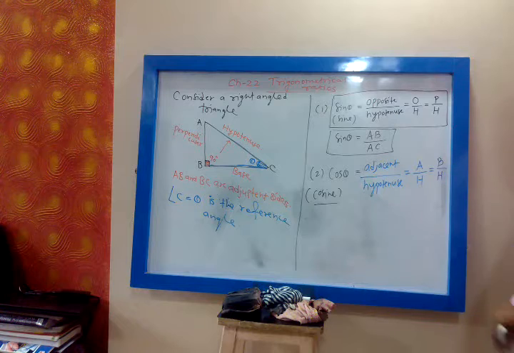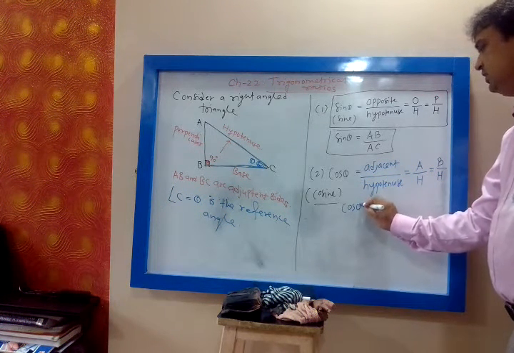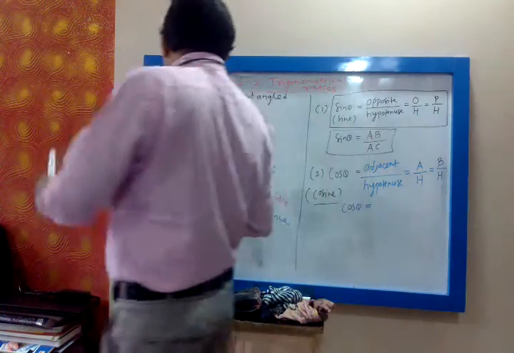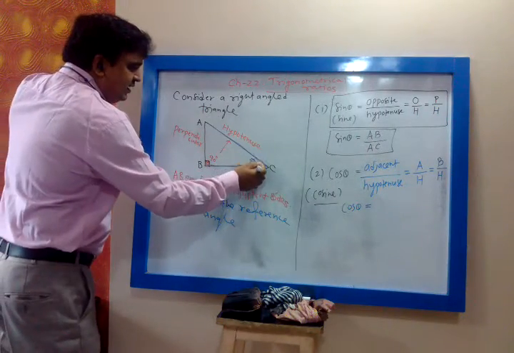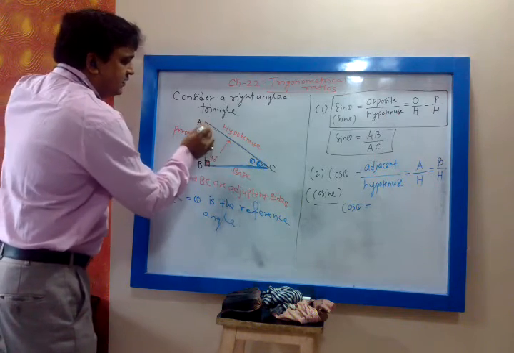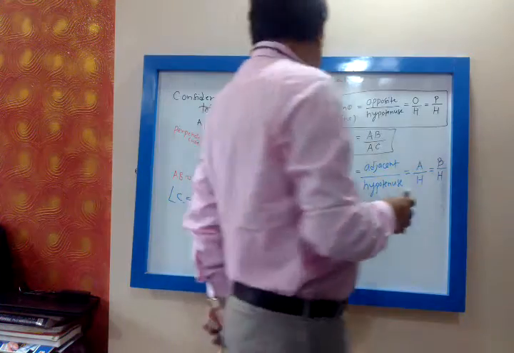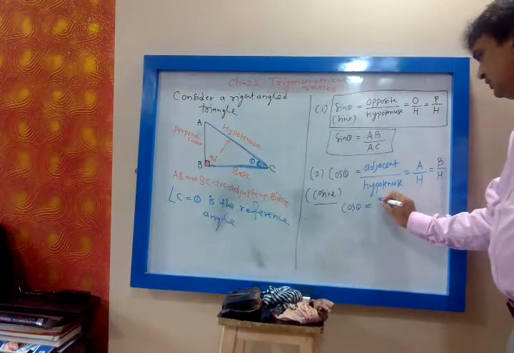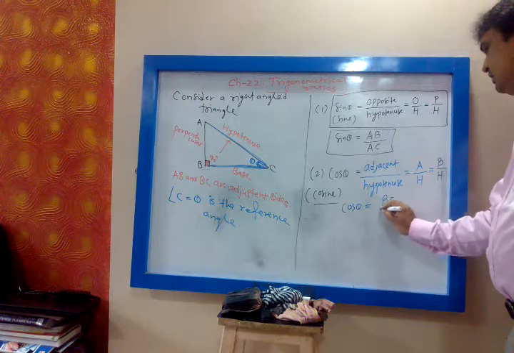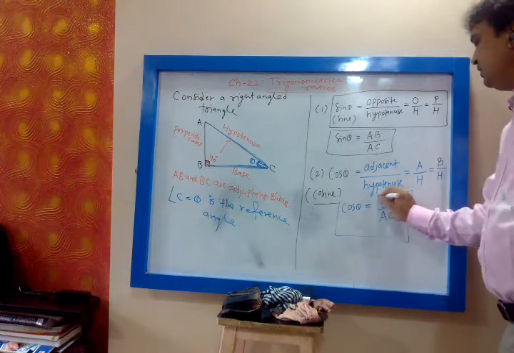Base is BC. With respect to reference angle theta, this is my adjacent side and this is my hypotenuse. So cos theta is BC upon AC.